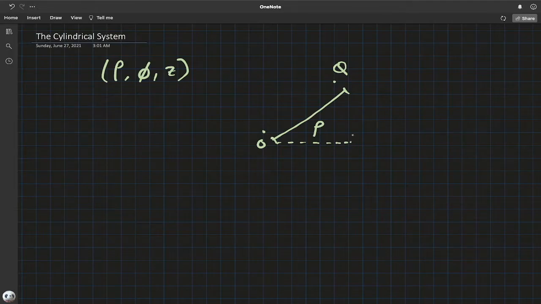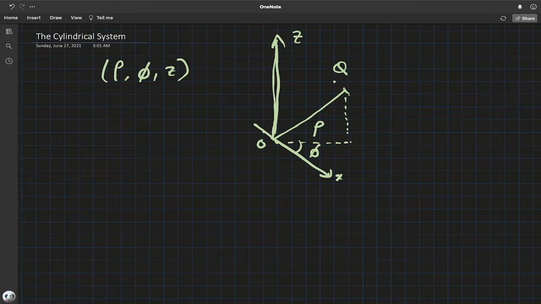The angle that, well, the projection of this guy onto the xy plane, that projection, what angle that guy subtends with respect to the x-axis is the parameter phi, and z is, well, just like the z-axis in your Cartesian system. So it's basically the distance along the z-axis of this guy, point q.